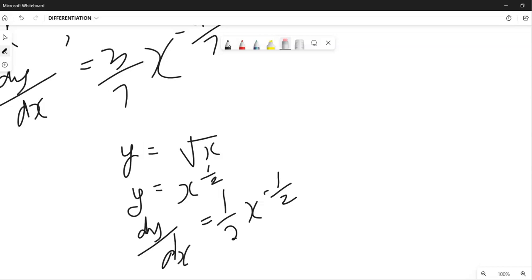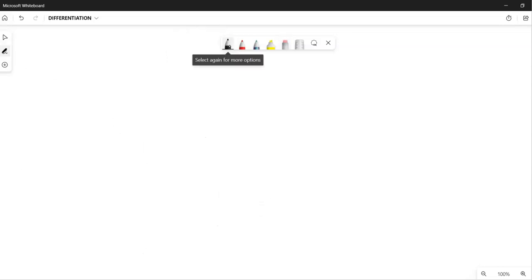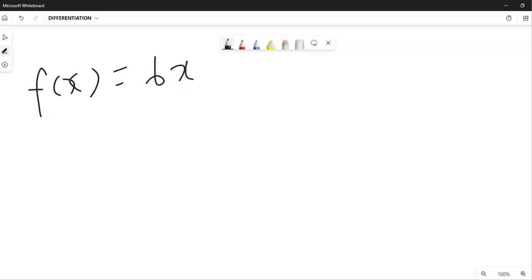Let's look at sums and differences. Let's say we have f of x equals 6x to the 7th power plus 4x to the 3rd power minus 2 over x squared.